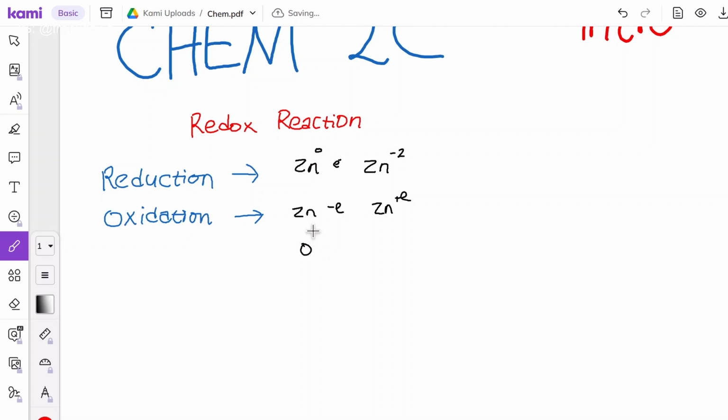If you do 0, which is the charge it has now, minus -1, you know how minus a negative changes it to plus. That increases the charge. So for reduction, it's reducing the charge, which means it's gaining an electron. And for oxidation, it's increasing the charge, which means it's losing the part that makes it negative, the electron.